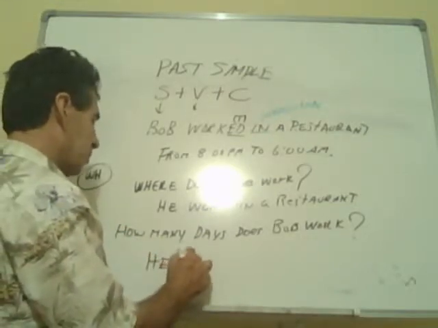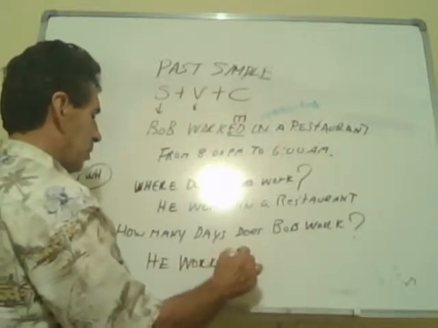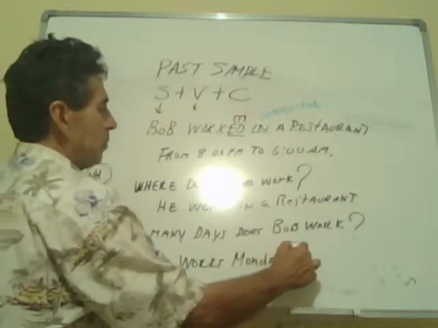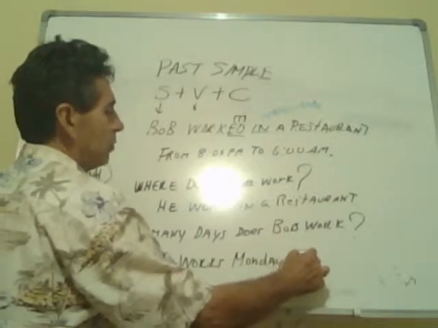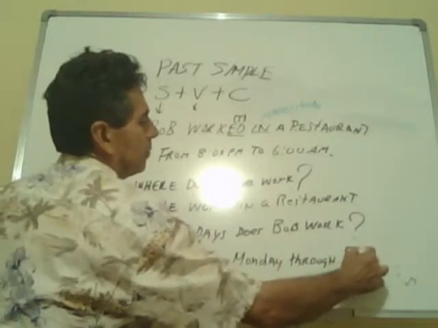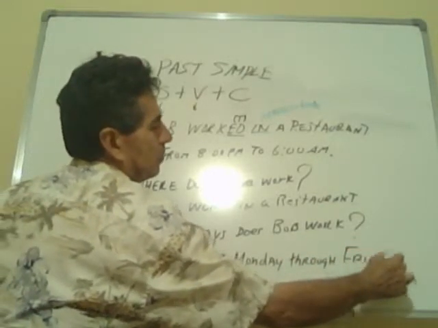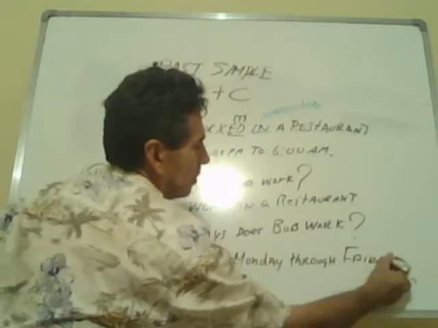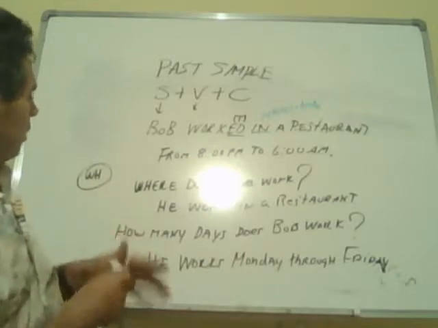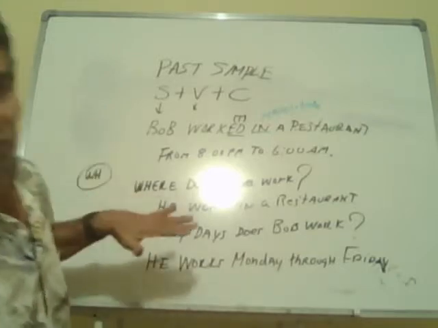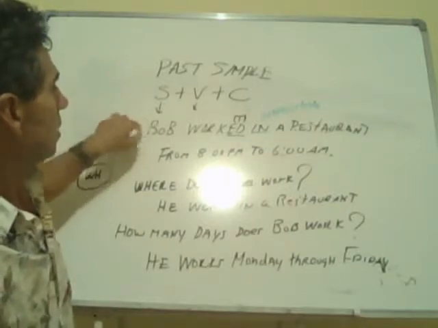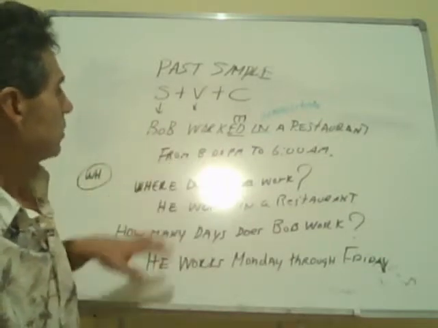The answer is he works Monday through Friday. Excuse me, let me just write this Friday. See, it says the name right there. Okay? So in these words over here, we're getting information about what Bob does. Okay? He works in a restaurant from 8 to 6 a.m.